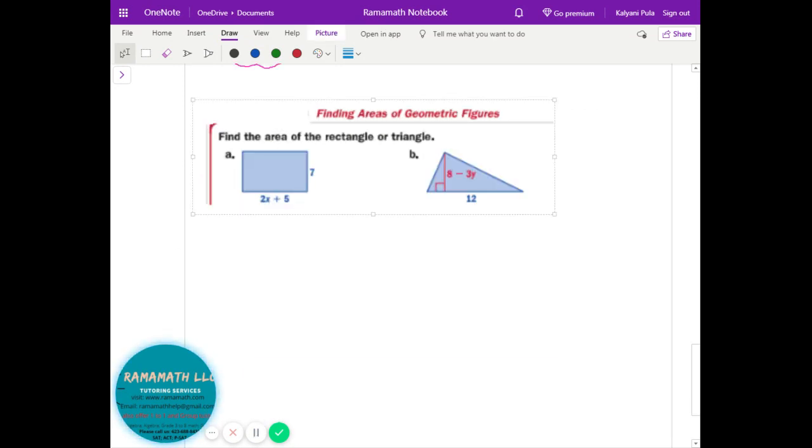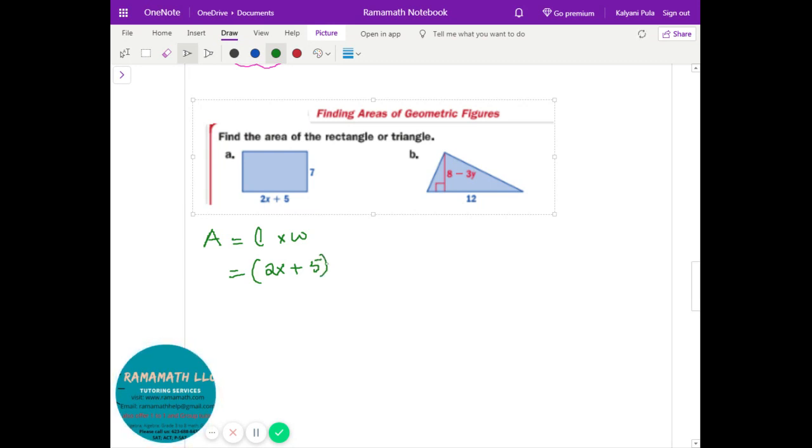All right. Next is how to apply this property to geometry questions. Now, if I look at this one, find the area of the rectangle and the triangle. When you find the area, what's the formula for the area of a rectangle? Length times width, or width times length. So the length here is 2x plus 5.